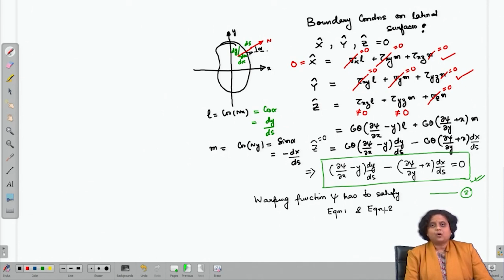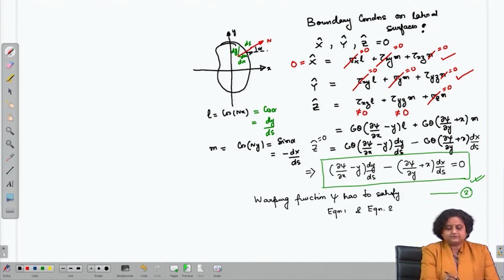So, in order to obtain the solution of torsion of a non-circular shaft using Saint-Venant's displacement fields, we need to find a warping function psi which will satisfy these two criteria. Only then will we be able to find the solution for the torsion of non-circular shaft. This is about the boundary conditions on the lateral surface.